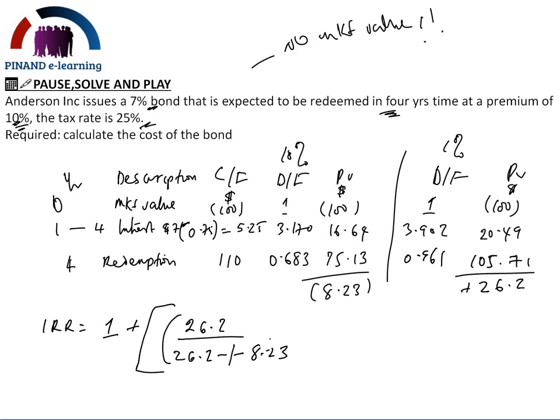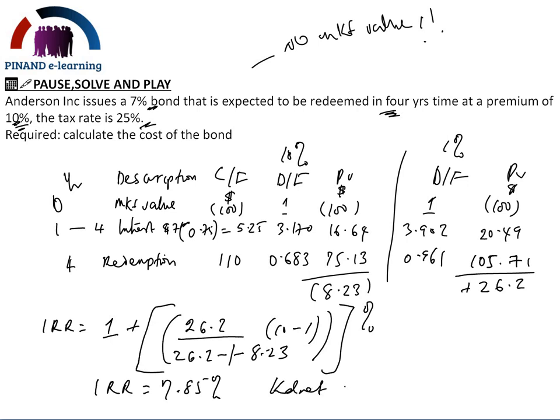Minus minus is plus. This is 10 minus 1. Now if you slot this into the calculator, this should give you 7.85%. So it's safe to say KD net is equal to 7.85%. Very easy, very simple.